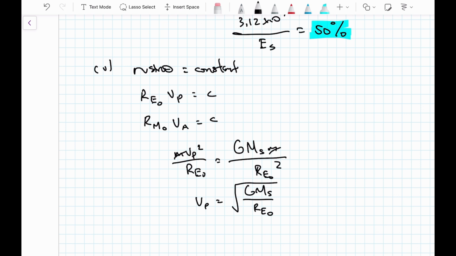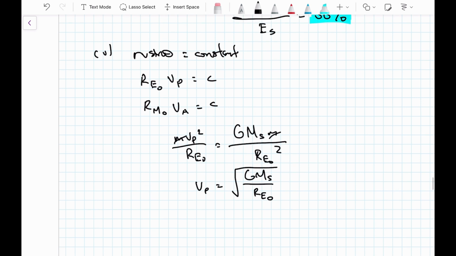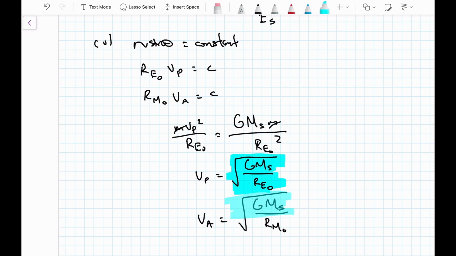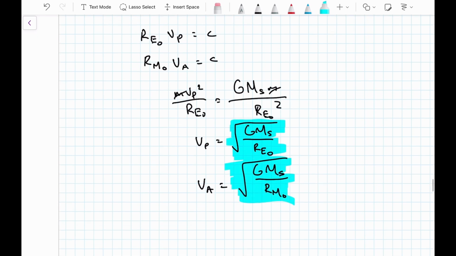Okay, so basically we don't even need R V sine theta equal to constant. We might use that later. And then we have VA is basically equal to the equivalent for Mars, RMO. And that should be the two equations for this question. And then let's see the sixth part.